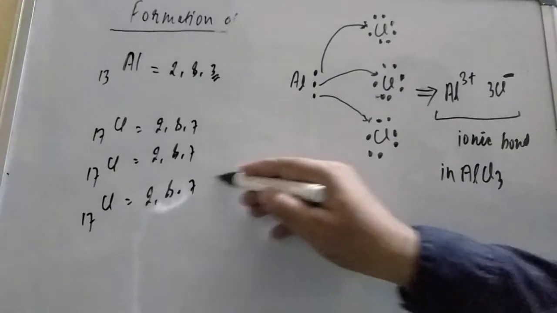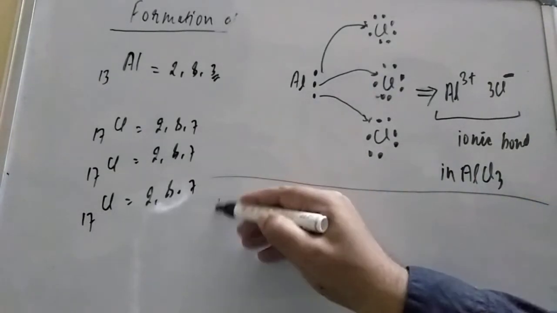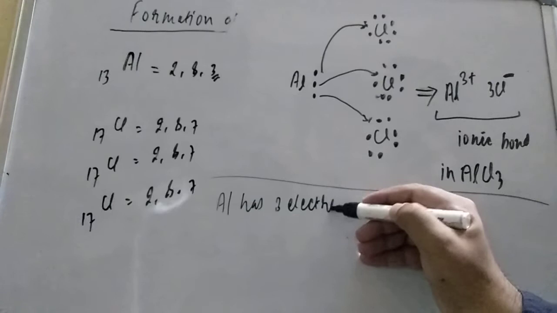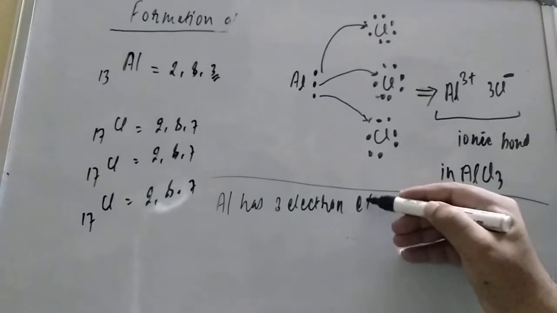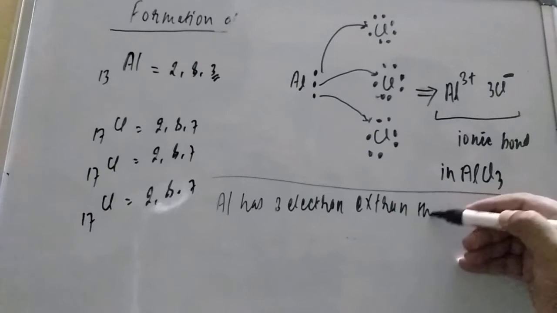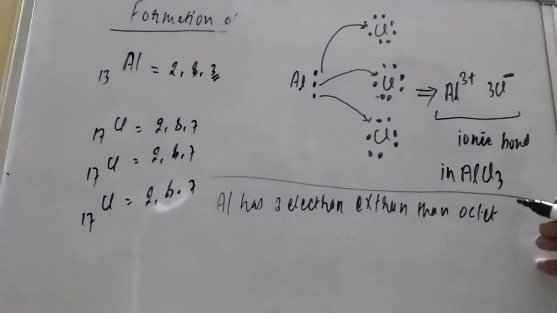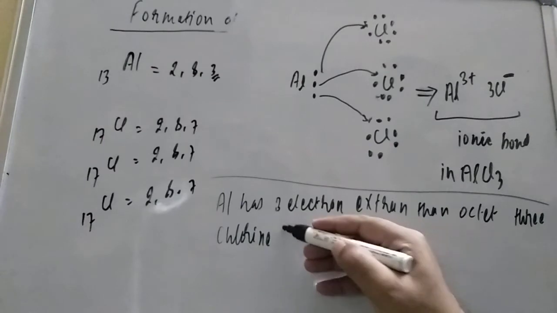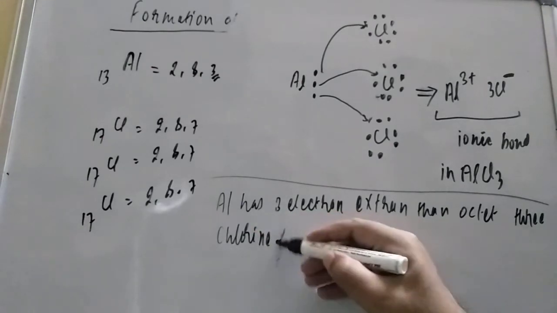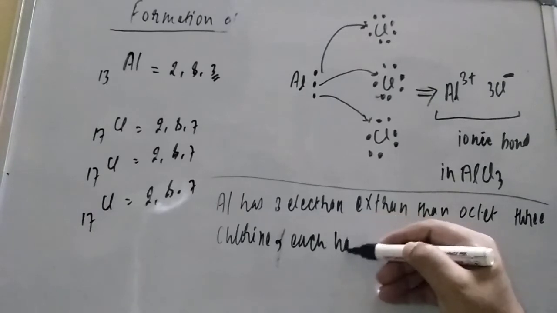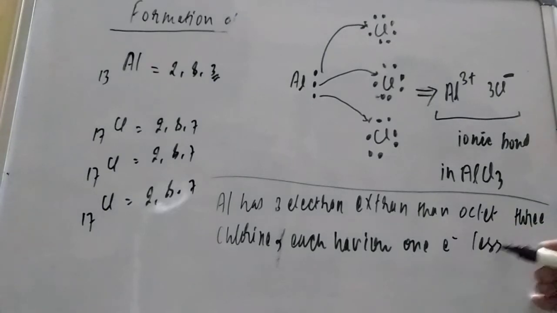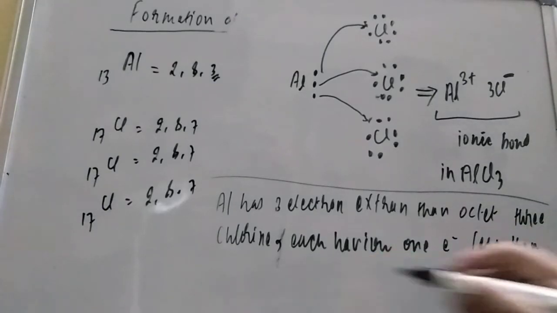So what we did, student: Al has 3 electrons extra than octet, and the 3 chlorine atoms, each having 1 electron less than octet.